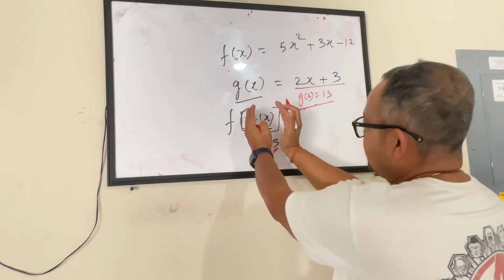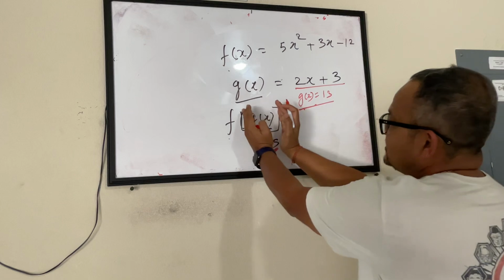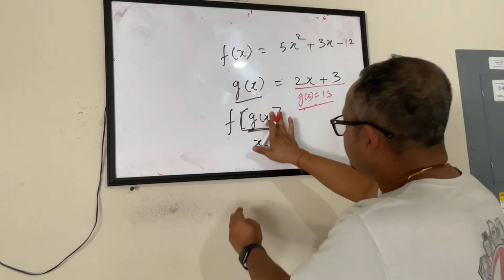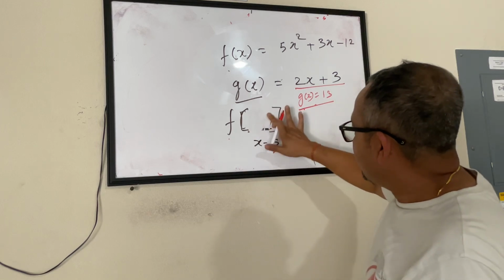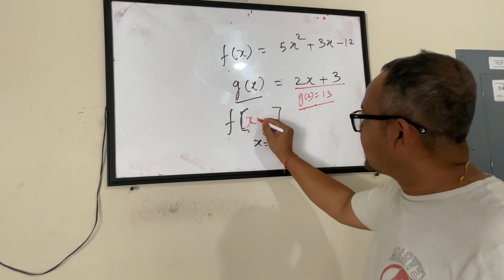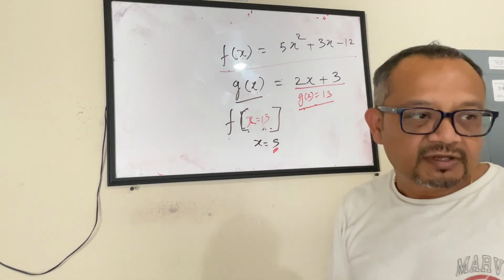So this gave you the exact value of 13. g of x gave you 13 for x equals 5. Now you will just forget about g of x and you only know this as function of x where x equals 13, okay? And you have this function already given to you, yeah?